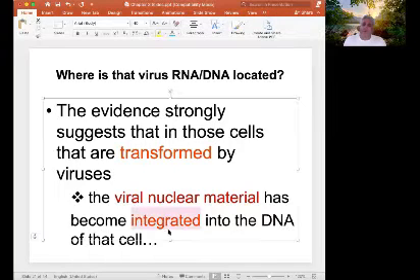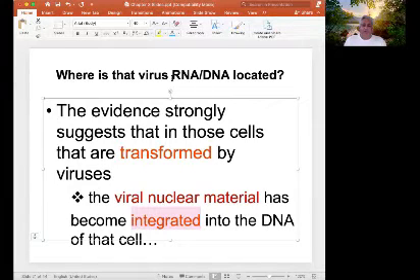So this integration is very important. So it leads to a number of questions, such as, is it the position at which the integration takes place inside your DNA that's going to be responsible for the formation of tumors? Or is it the biochemistry of that DNA or RNA that's going to be responsible, right?